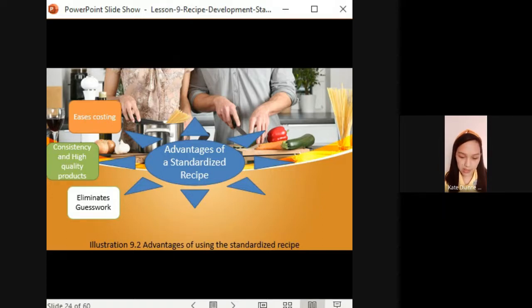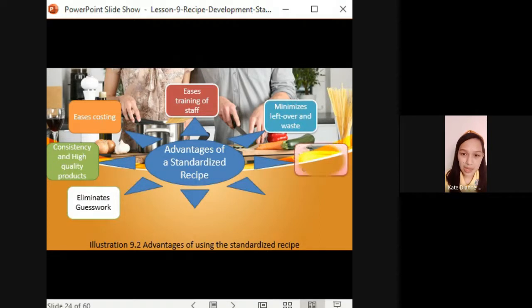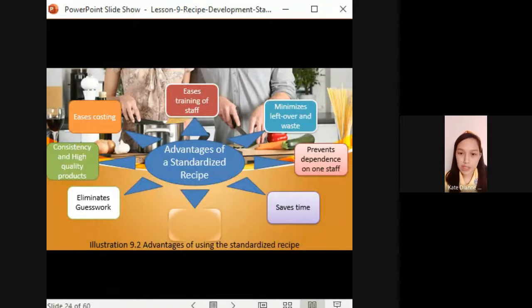Eases costing. Eases training of staff. Minimizes leftover and waste. Prevents dependence on one staff. Saves time. And lastly, facilitates control. So we will discuss it one by one.